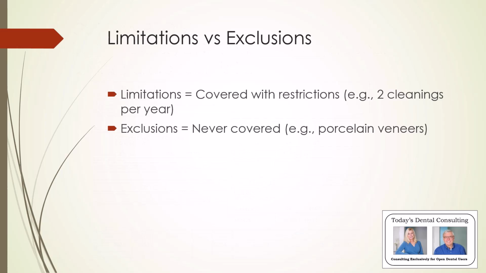So what's the difference between limitations and exclusions? Limitations are things like frequency limitations, so you only get 2 pro fees in 12 months, or maximum, annual maximums. Exclusions are things that are never covered. They're specifically not covered by the insurance plan. For example, porcelain veneers.